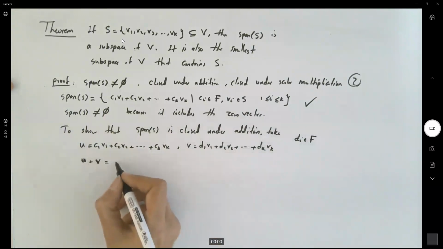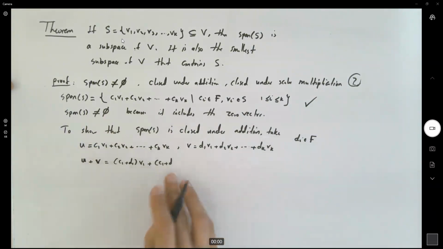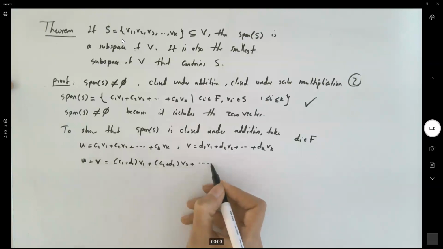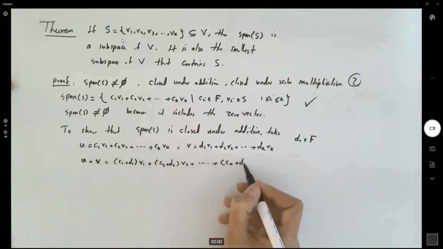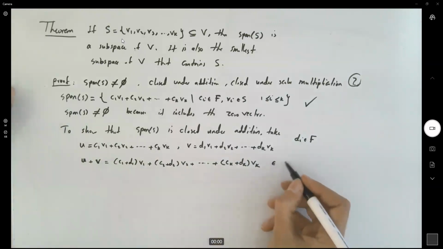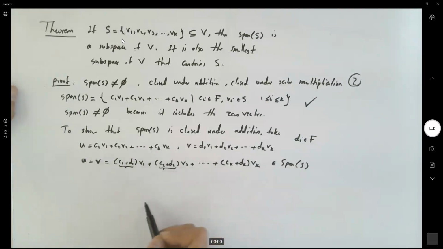This basically becomes (c1 plus d1) v1 plus (c2 plus d2) v2 plus the rest of them, (ck plus dk) vk, which is obviously an element in the span of S. Why is that? Because these are just a scalar multiplied by v1, another scalar multiplied by v2, another scalar multiplied by vk, which is basically the definition of a span of S.